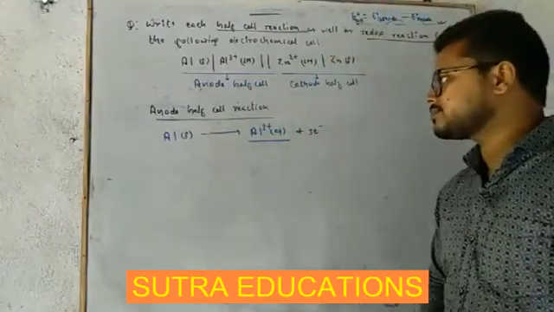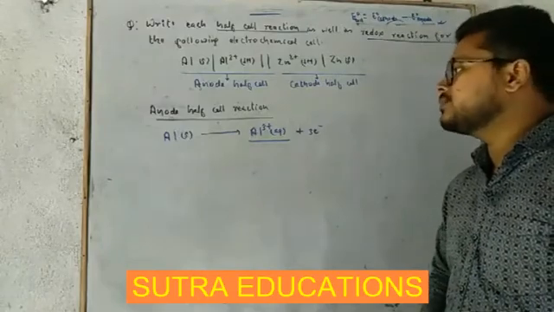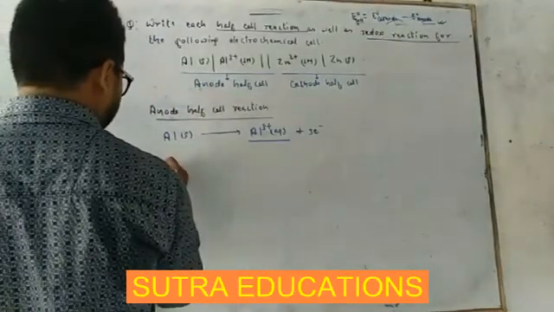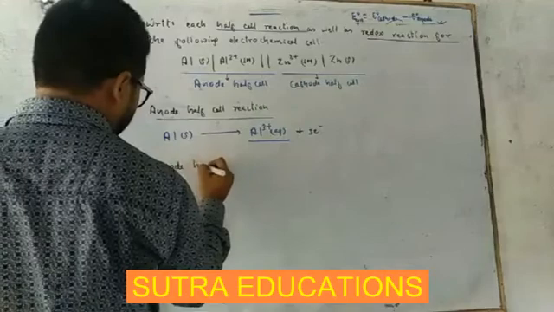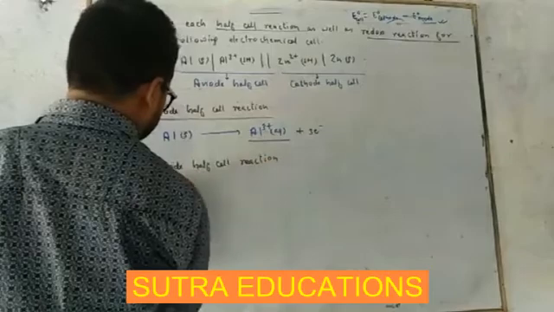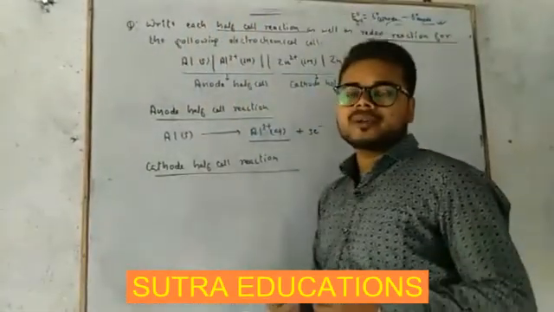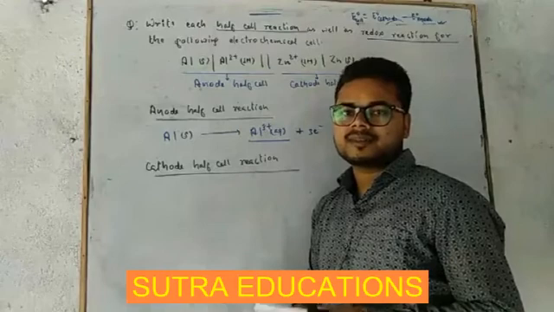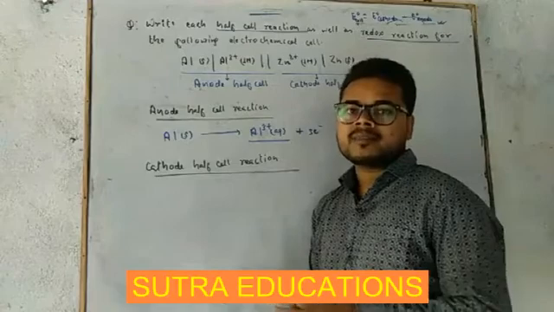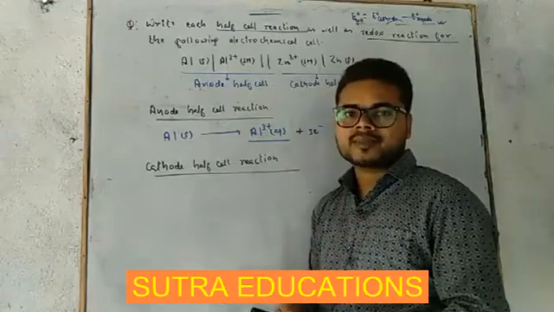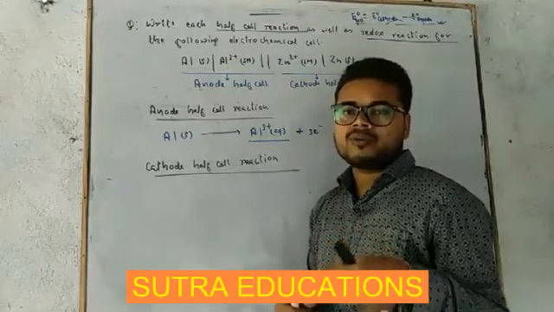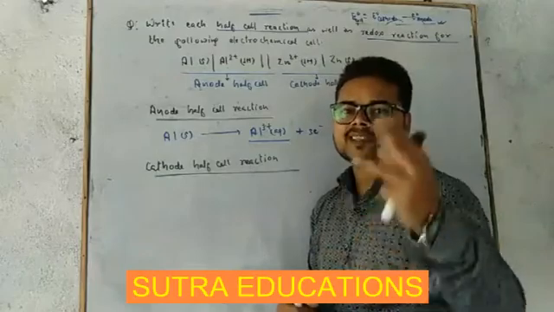Now what will be the cathode half cell reaction? We know at the cathode reduction takes place. Reduction means addition of electrons, means the plus charge is going to decrease.